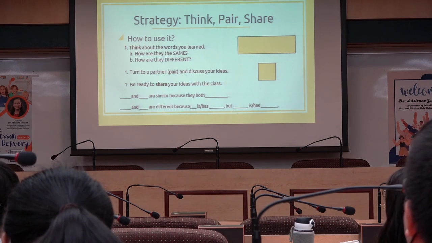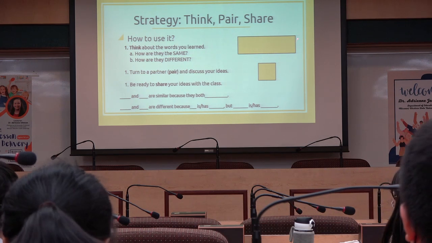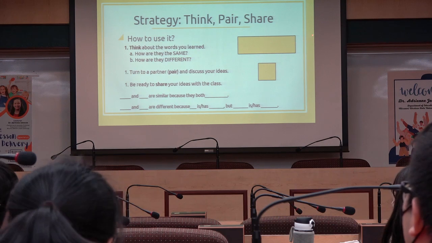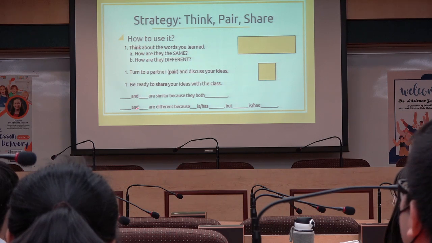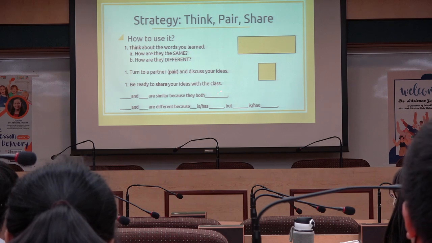So listen to my example. What's that called? What's this shape? The rectangle and square are similar because they both have 4 sides and also 4 right angles.